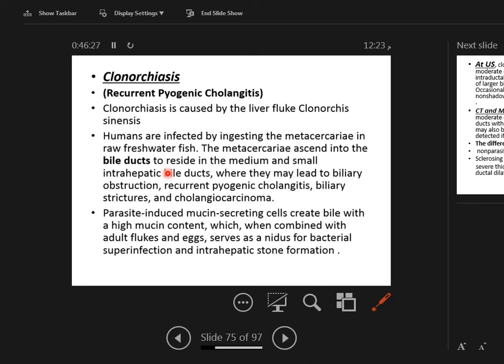This parasite induces mucin-secreting cells, so we can see dilatation of the bile duct. Sometimes we see the egg of it, but there is no obvious obstruction to the bile duct. Mostly we see the dilatation in the small and middle-sized bile ducts, but the large or common bile duct will be near normal.